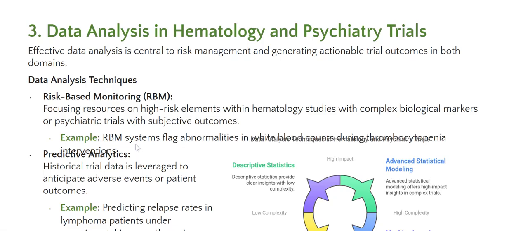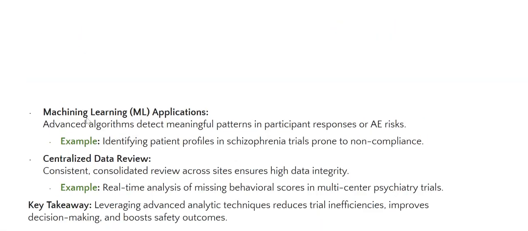So continuing on data analysis techniques, we have machine learning, ML, applications. Advanced algorithms detect meaningful patterns in participant responses or AE risks, as for example, identifying patient profiles in schizophrenia trials prone to non-compliance. Centralized data review, another data analysis technique.